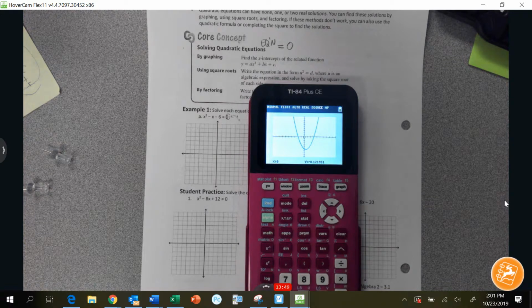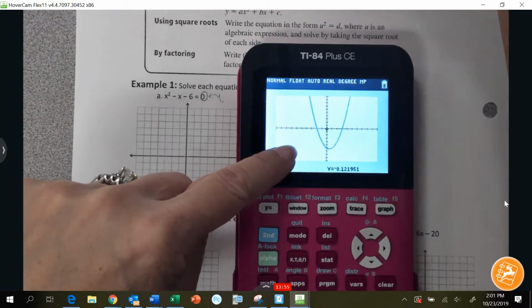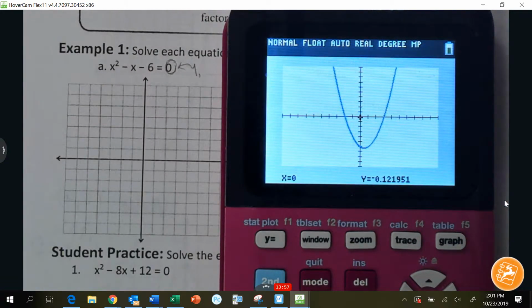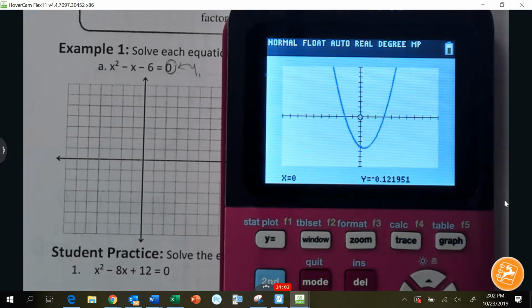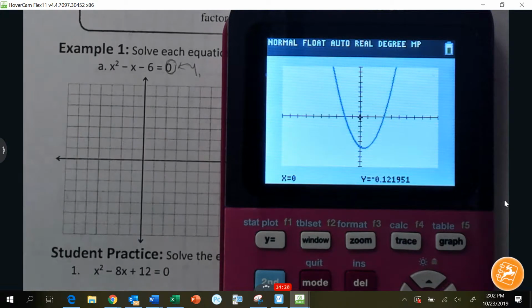So how can we tell the x-intercepts? You might be able to just see them if they're nice. You're guessing it's -2. Make sure you're helping each other as well. I'm going to show you guys how to do that.